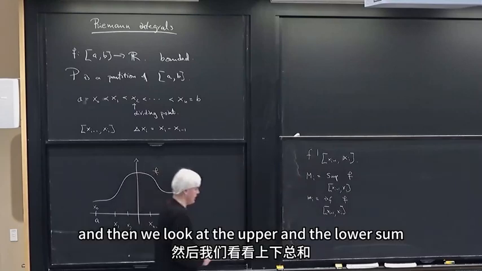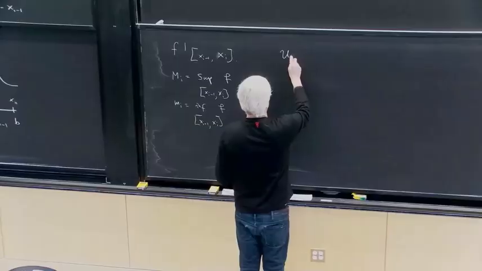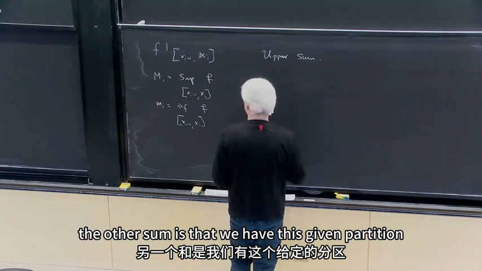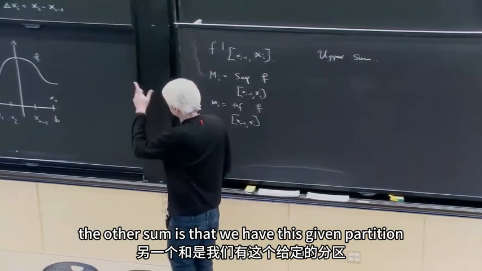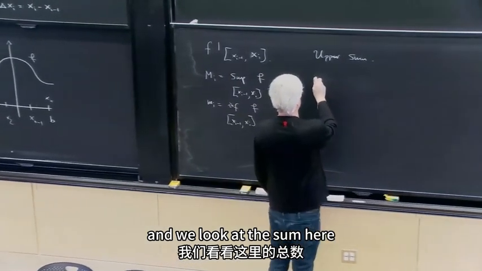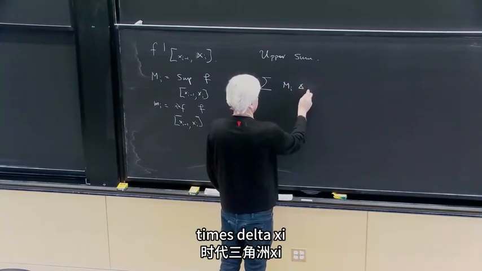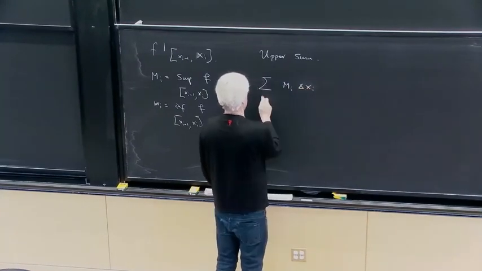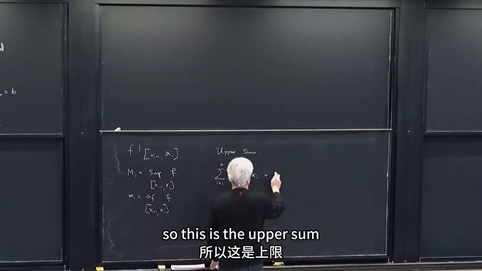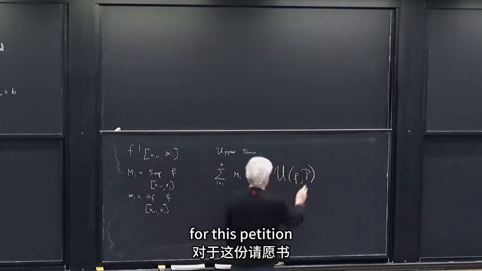And then we look at the upper and the lower sum. So the upper sum: we have this given partition, and we look at the sum of Mi times delta xi, summing from 1 to n. So this is the upper sum of the function for this partition.